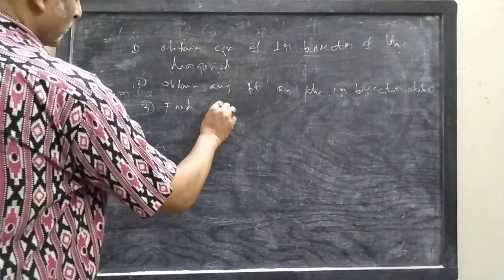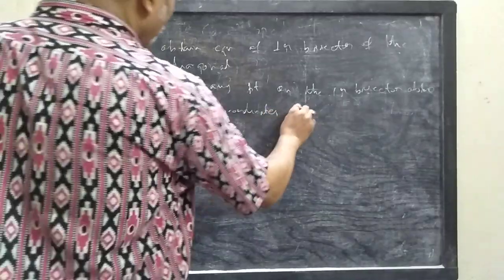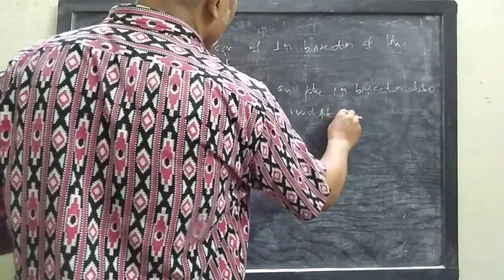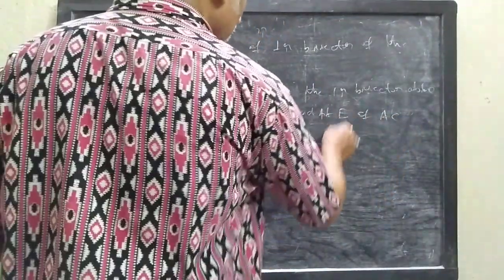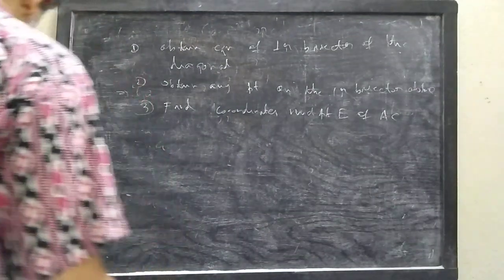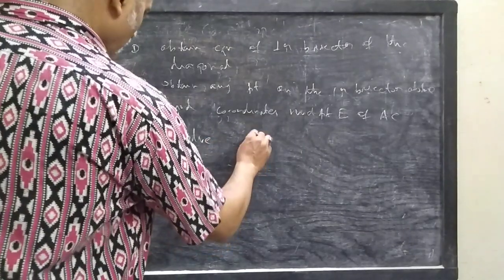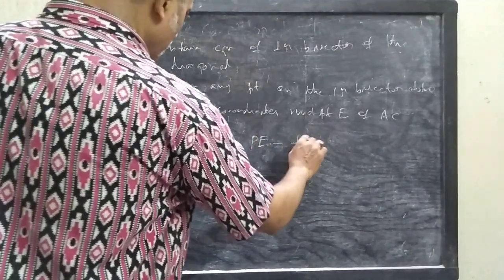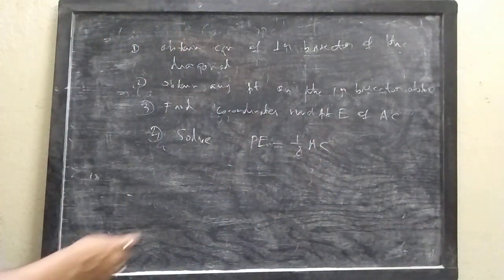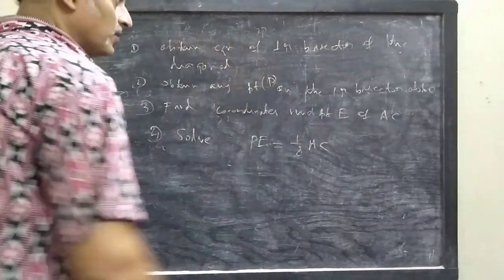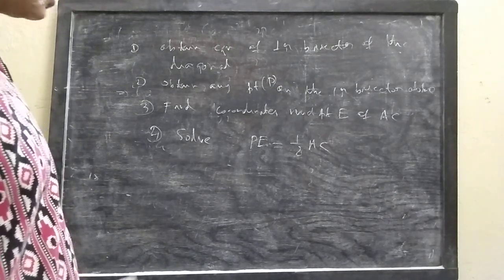Find coordinates of midpoint E of AC. Suppose you are given diagonal is AC, you have to find its midpoint E of AC. Step 4. Solve the equation PE equals to half AC. P is your chosen point, any point on the perpendicular bisector. Now PE equals to half AC. If you solve this, you will get the answer.